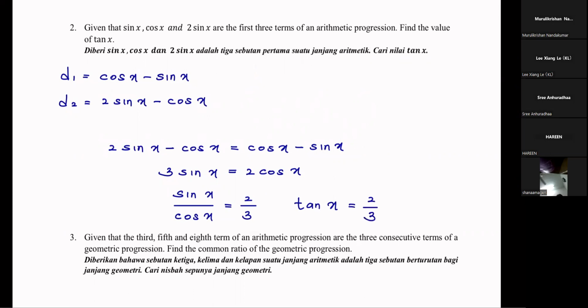So they ask you to get the value of the tangent x. Done. Settle. Done, huh? Okay, thank you.